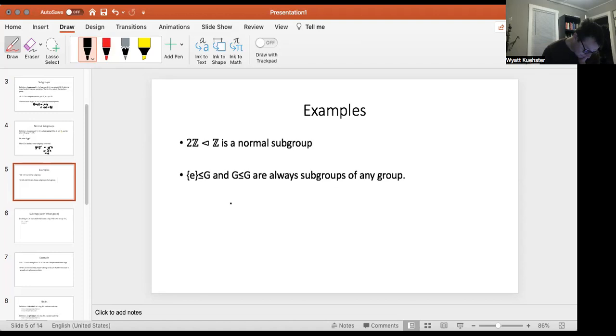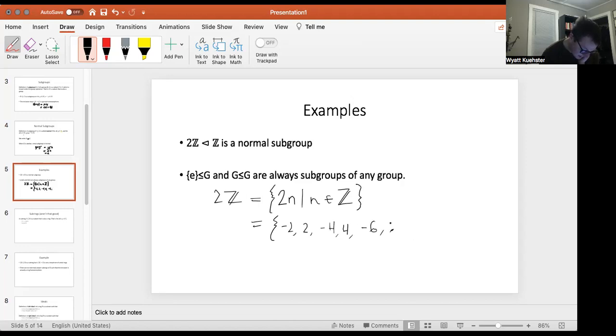But let's do this one. 2Z is a normal subgroup of Z. And what do I mean by 2Z? 2Z is the set of even integers, 2n, where n runs through Z. So it's the set of things of the form -2, 2, -4, 4, -6, 6, etc.